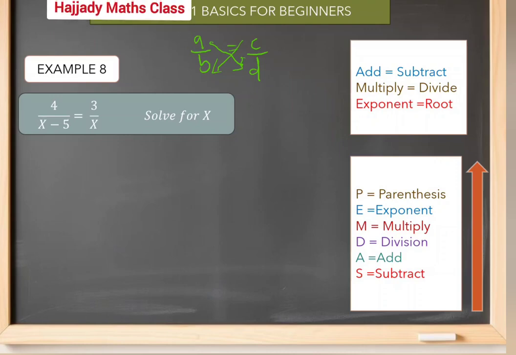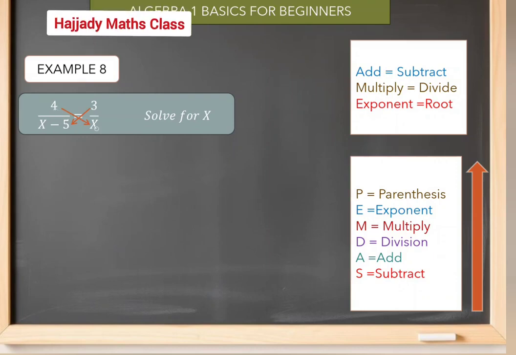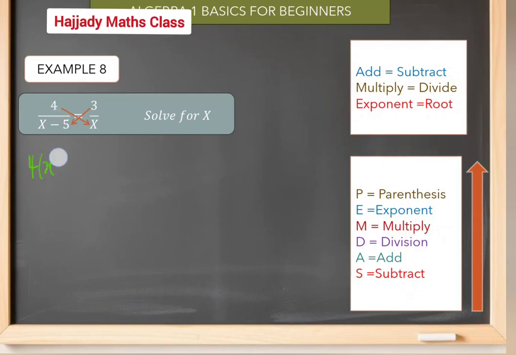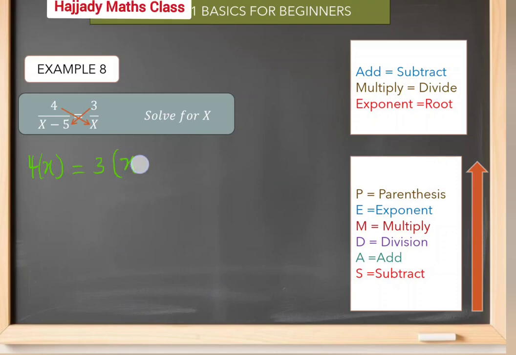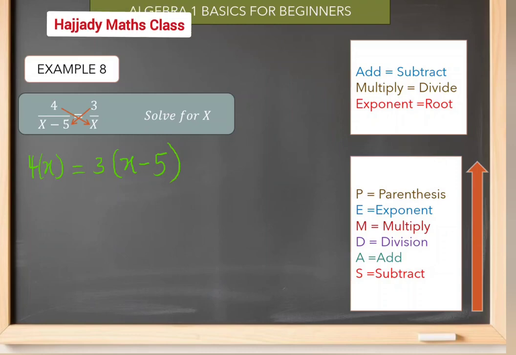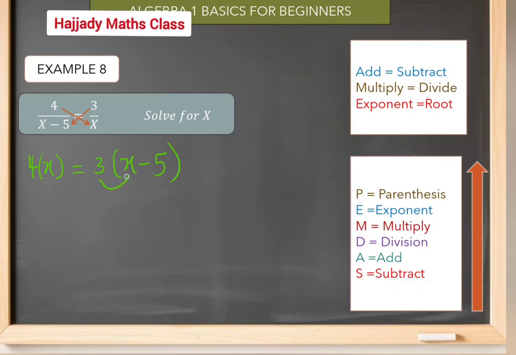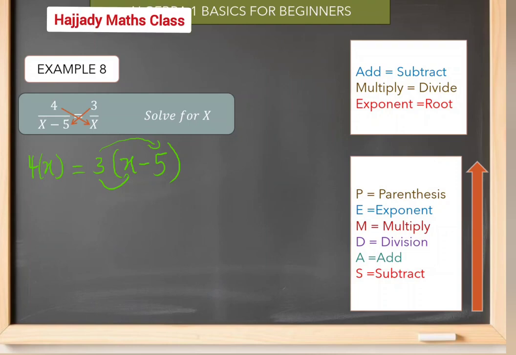So now to solve these two fractions, we introduce cross multiplication. That shows that 4 multiplying x, we have 4 multiplying x equals 3 multiplying x minus 5. To solve this further, we need to distribute the 3 by multiplying x and also by multiplying negative 5.